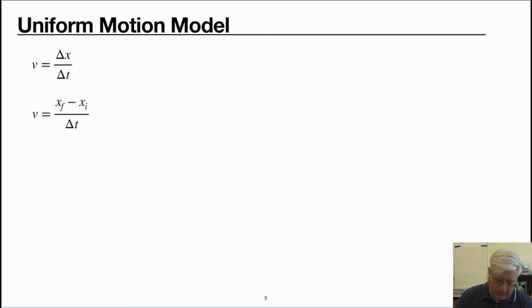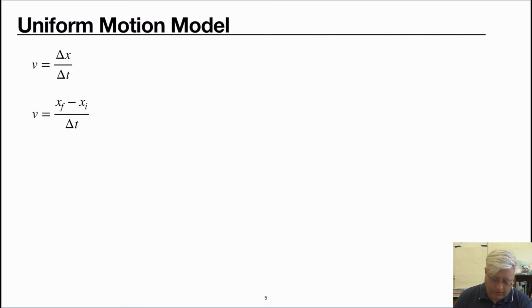So we started off with velocity is displacement divided by time interval, and we know that displacement is x final minus x initial. And so x initial is the starting position, x final is the ending position.